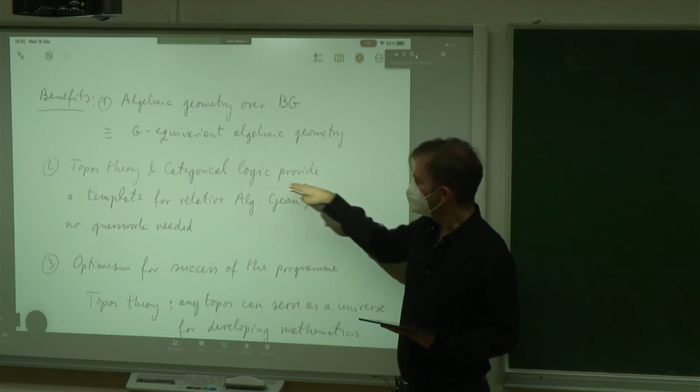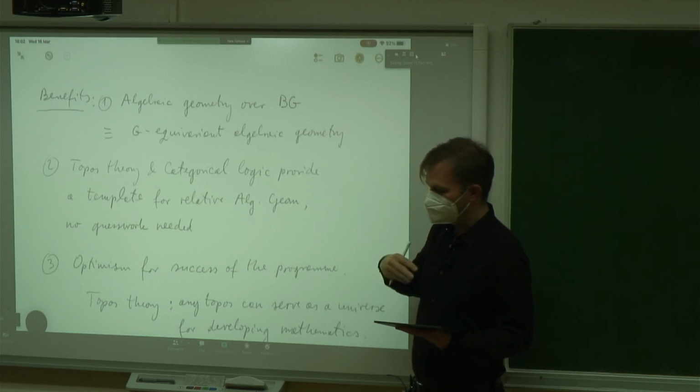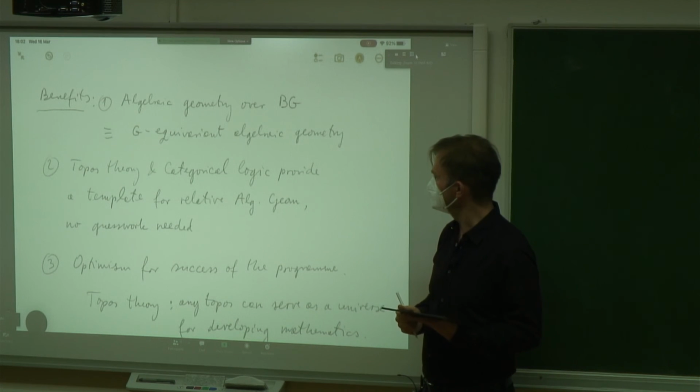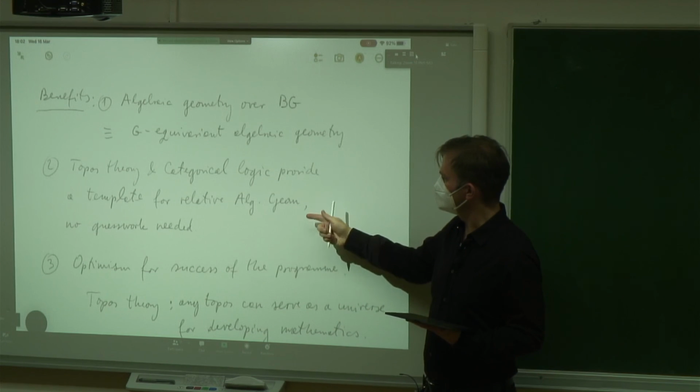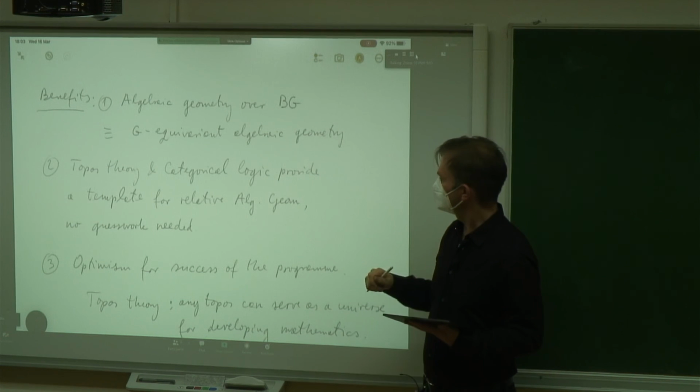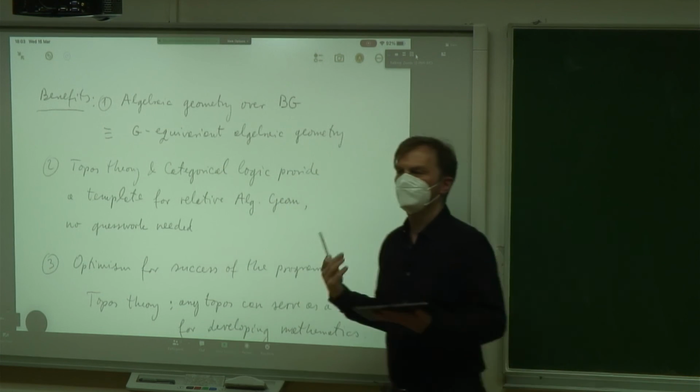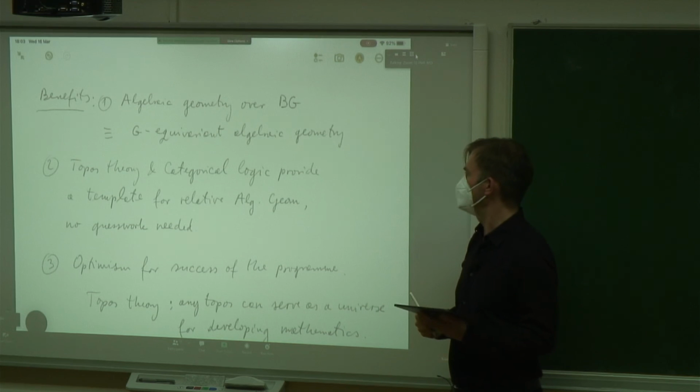You have a template, you have a very vast and developed theory which gives you a template for relative algebraic geometry. So you don't need to guess for each particular G what it might mean to have a G equivariant algebraic geometry.